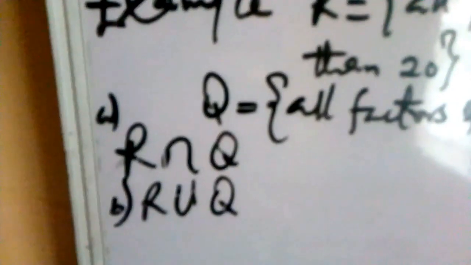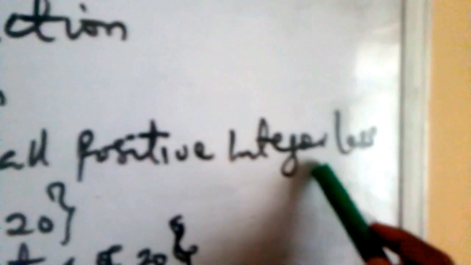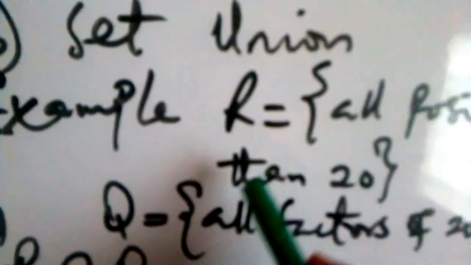And the second one says we should find R union Q. So the set R is the set of all positive integers less than 20.